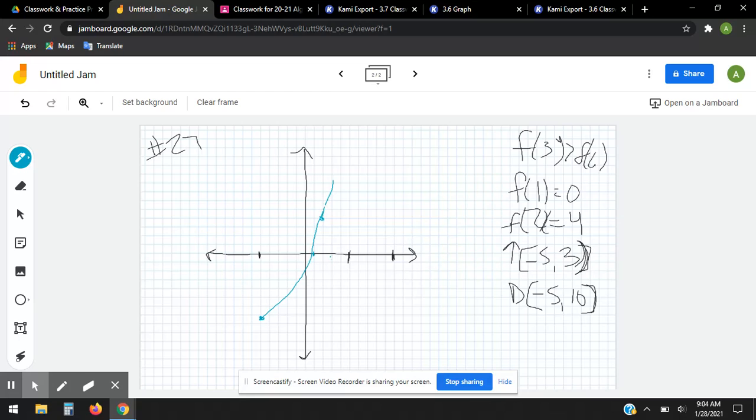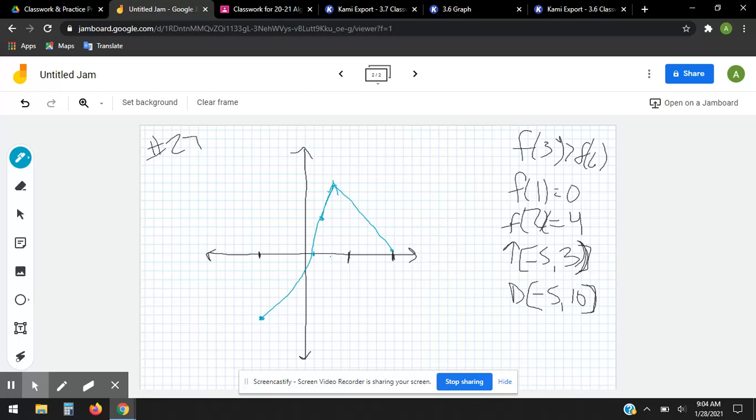But 3 is the top of something because it's open. And oh, f of 3 has to be greater than f of 6. So I have to be going downhill to get to 10.